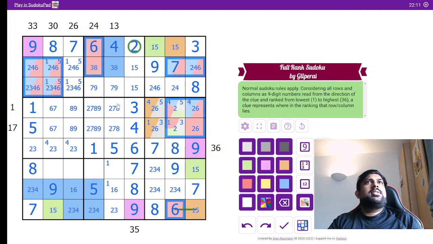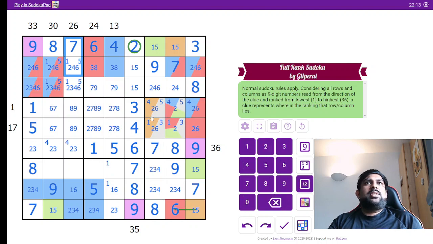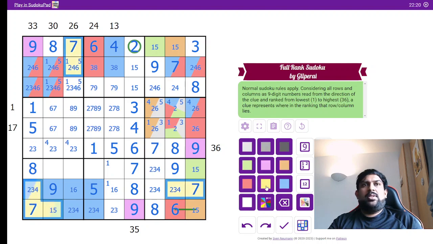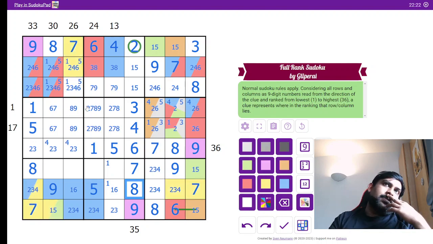Again, these are all 6s. 7. We have here, here. These two as well. So let's color them yellow. So what I'm trying to say here.